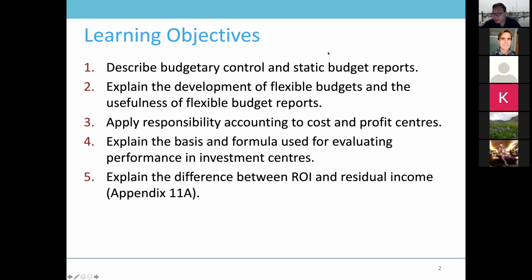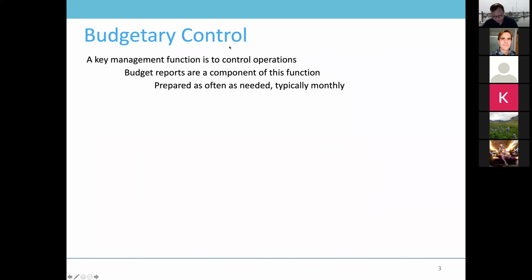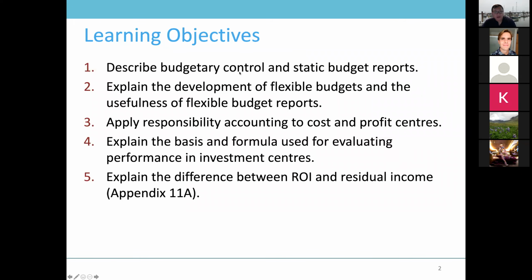So we're working on chapter 11, budgetary control and responsibility accounting. We have five learning objectives. The first one, we want to understand what budgetary control is and what a static budget report is. The second, we're going to learn how to develop flexible budgets and why they are useful.